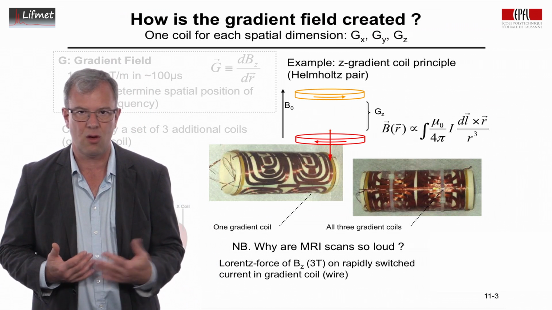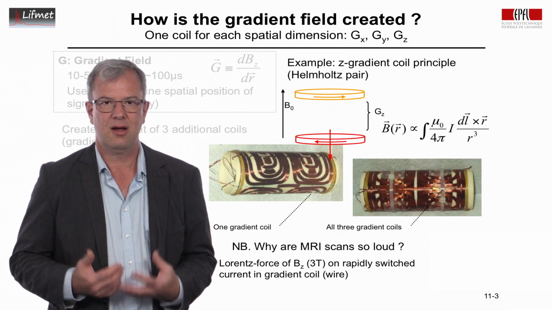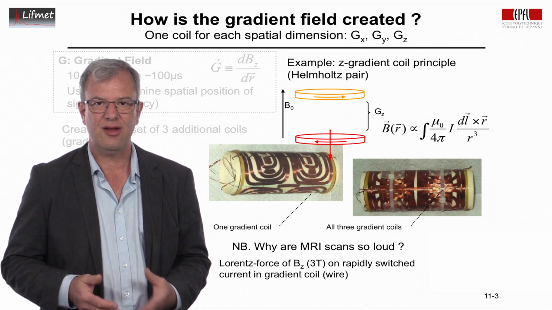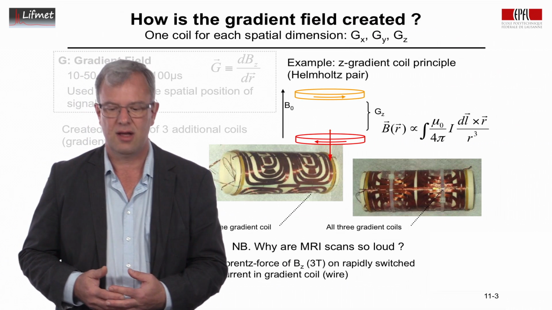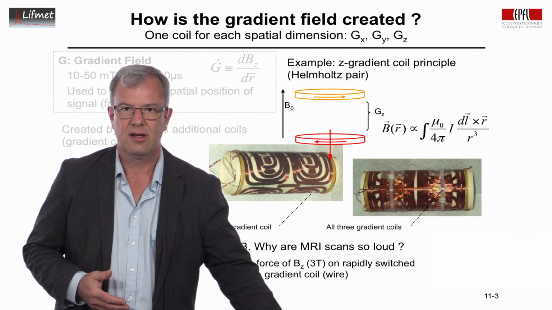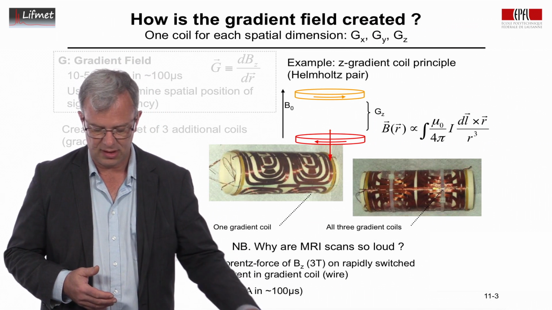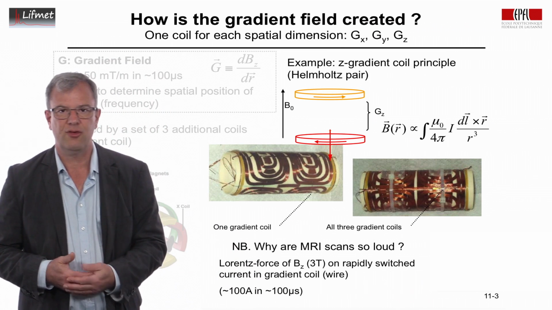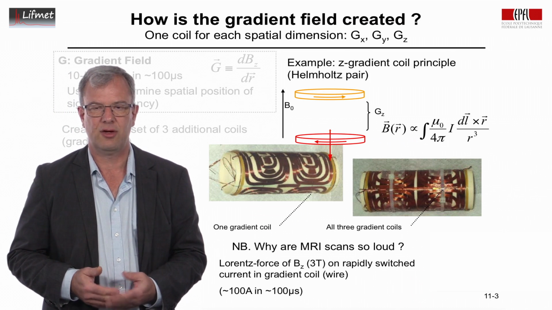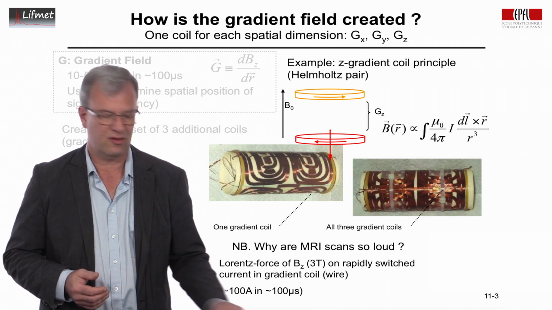The examples with the Coke can are just mere illustrations of the kinds of forces that are in there. To give you an idea what we're talking about here, one switch is typically 100 amperes in about 100 microseconds. That's the kind of forces that we're looking at.